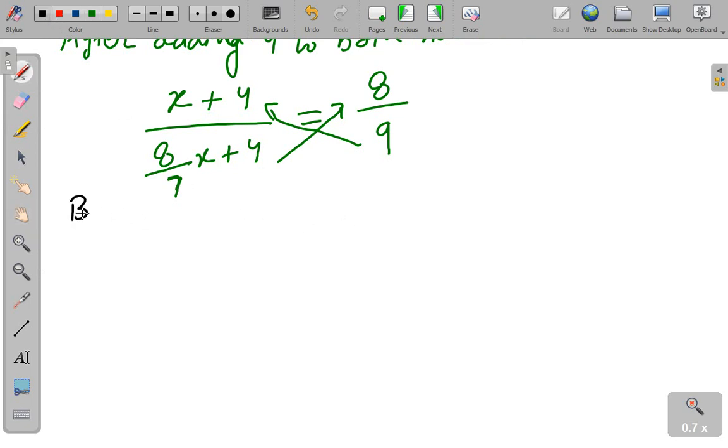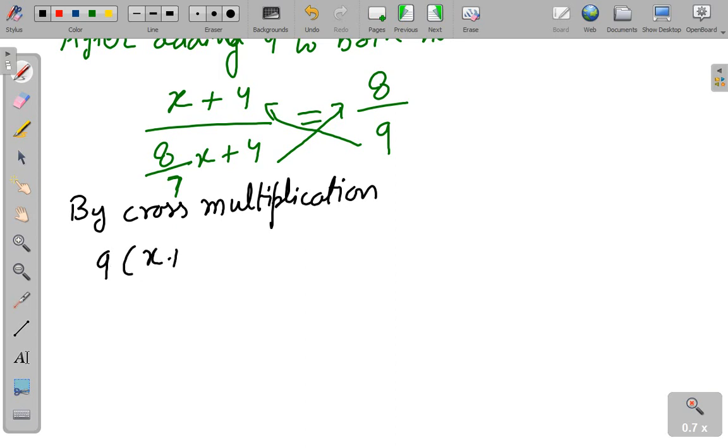By cross multiplication, you will have 9 into x plus 4 equal to 8 into 8/7 x plus 4.